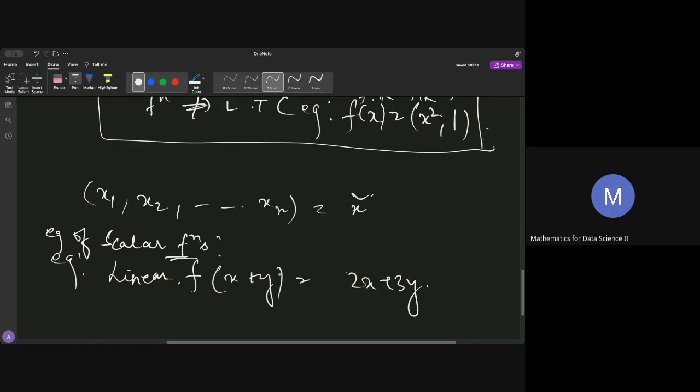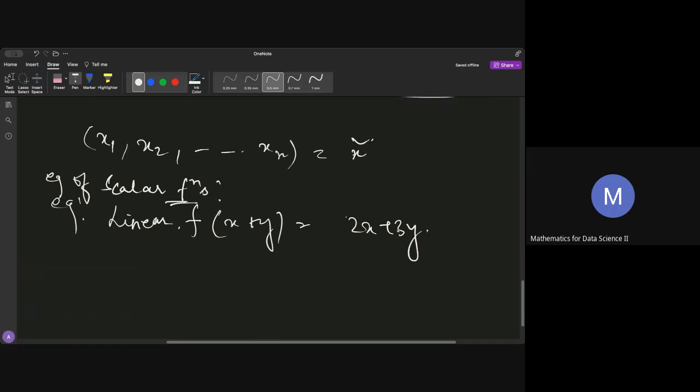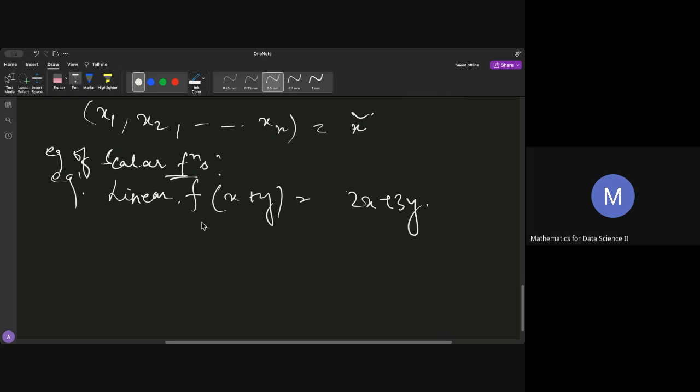This is a scalar function, right? Because this entire thing always belongs to R. It only has one tuple, so it belongs to R. That means this is a scalar valued function. Then let's say f(x,y) equals 2x cube minus 2yx.